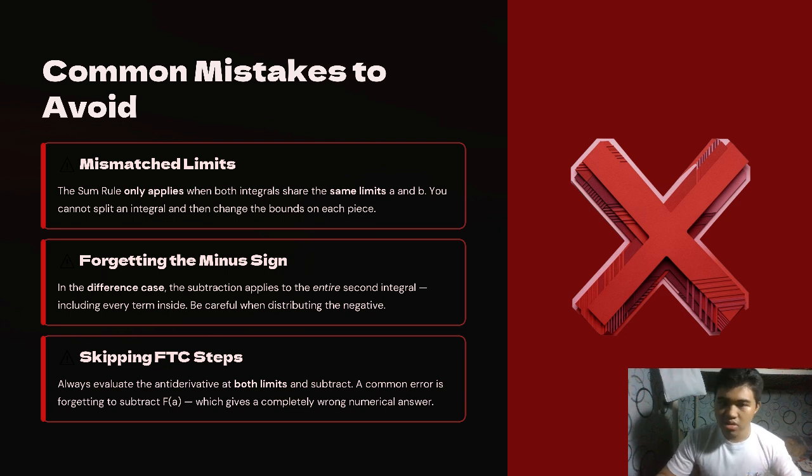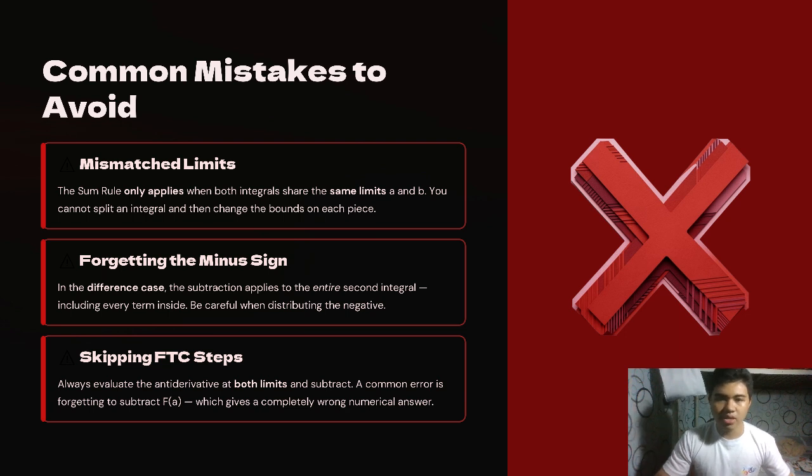And second, the negative sign trap. When applying the difference rule, the subtraction applies to the entire second integral. A frequent mistake is failing to distribute the negative sign across every term inside the function. Be a sign guardian and double check your brackets.